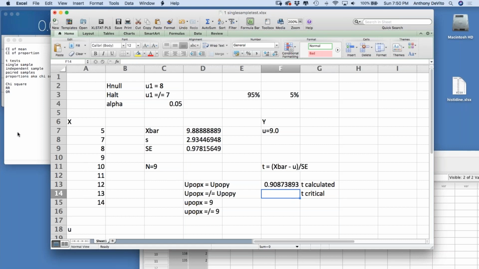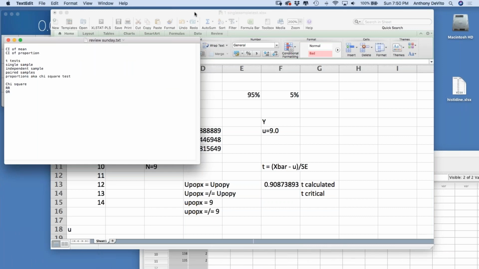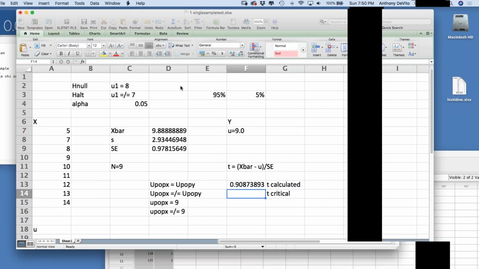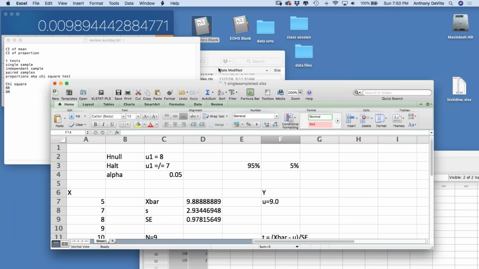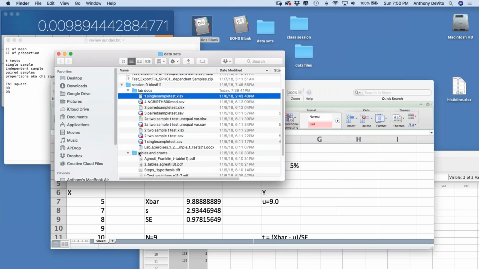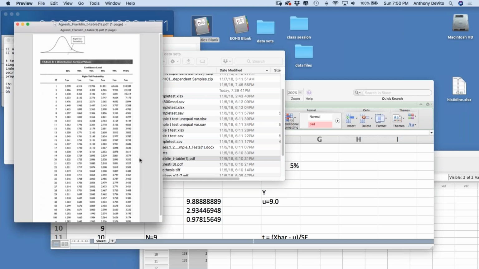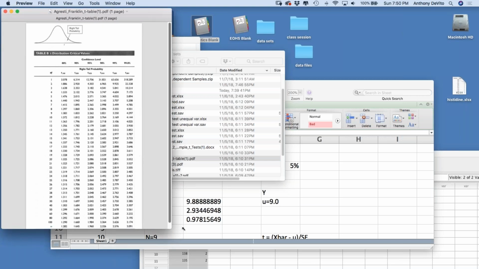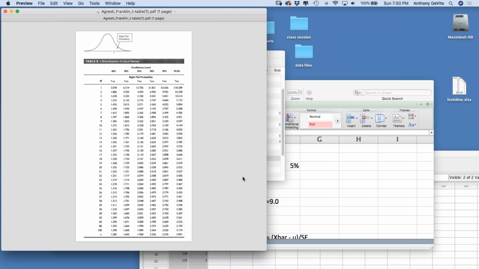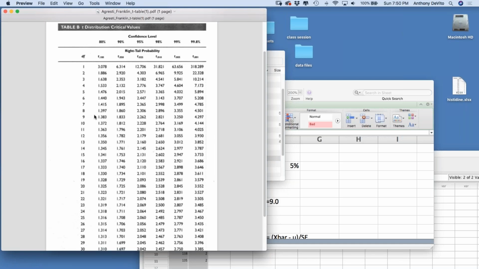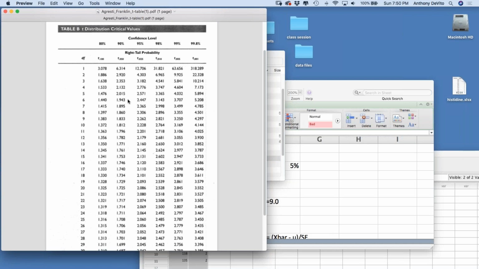So let's go over to our T table again. Hopefully I didn't put it away. If I did, I can always bring it back up here. Okay, so for a sample size of 9 and 8 degrees of freedom, what does our T value have to be? 95% confidence, right?